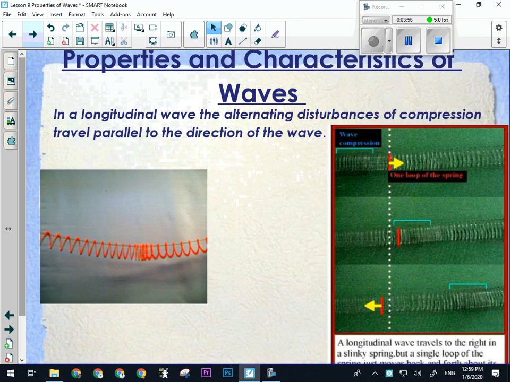So, like we said, in a longitudinal wave we have alternating disturbances, and they travel parallel to the direction of the wave. If we were looking at a marked link on the slinky, as the compression moves in, that piece of the medium would move forward. As the rarefaction passes, that piece of the medium moves backwards, but it doesn't travel that way.